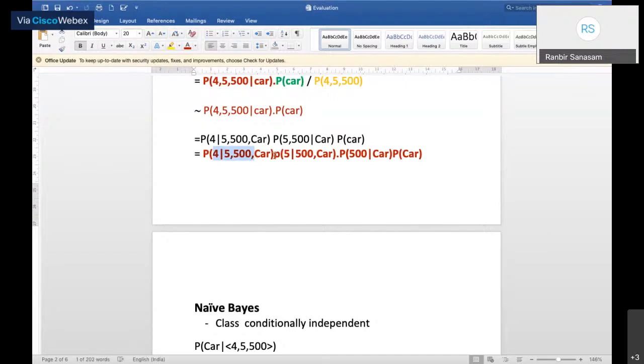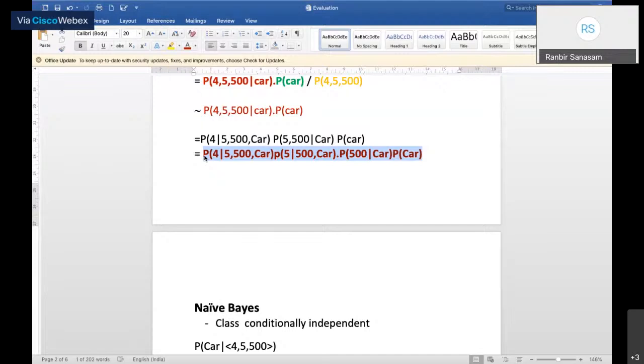You have to do lots of counting. In text mining you will see that the number of features is in the thousands, millions, and so on. In such a scenario, estimating this probability is very expensive because you have to compare all the elements in every row multiple times.